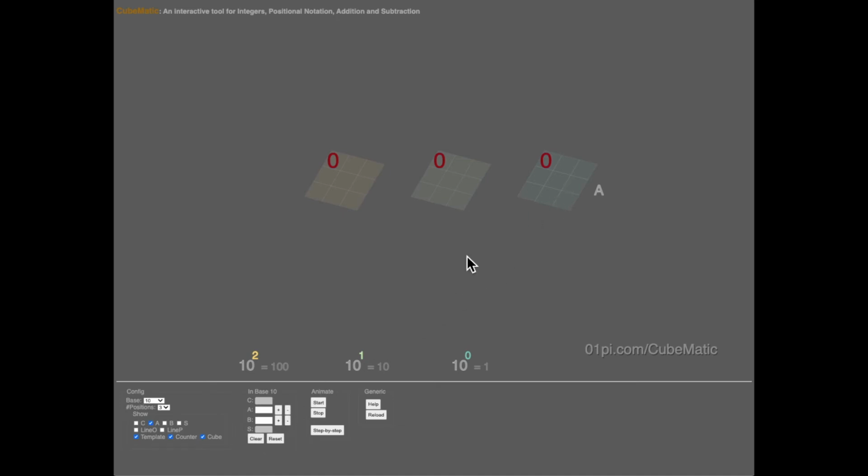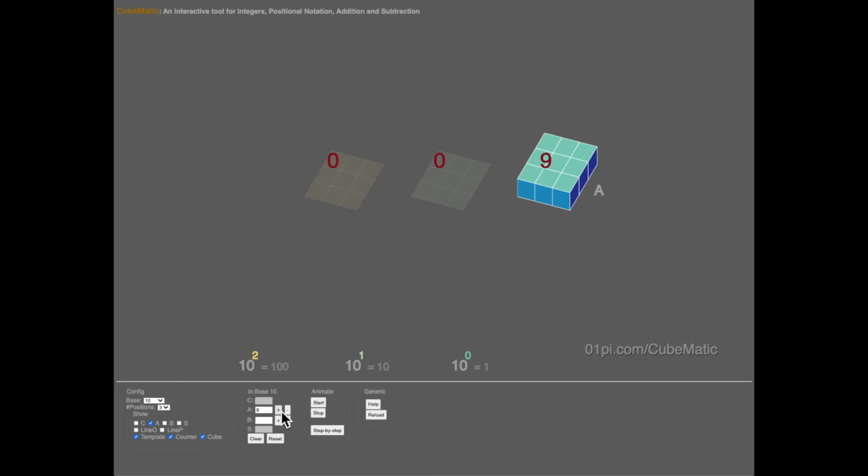So right now I have nothing. I put 9 here. So I have 9 cubes. And then put one more to make it... Oops, sorry. No, that was a mistake. I need to restart.